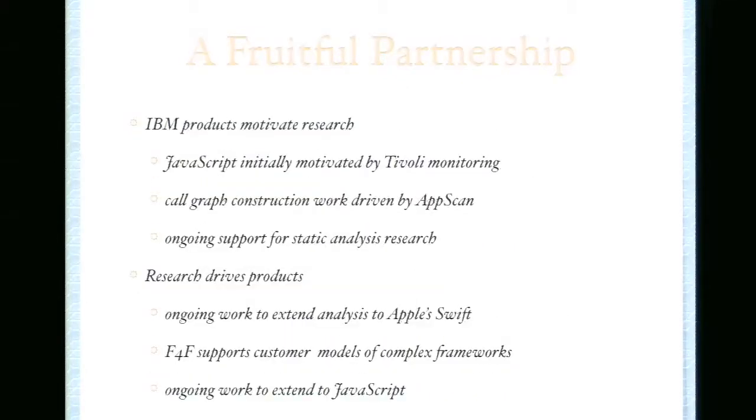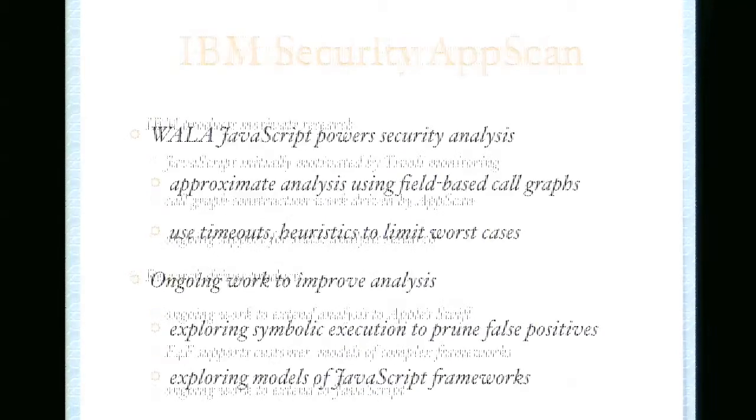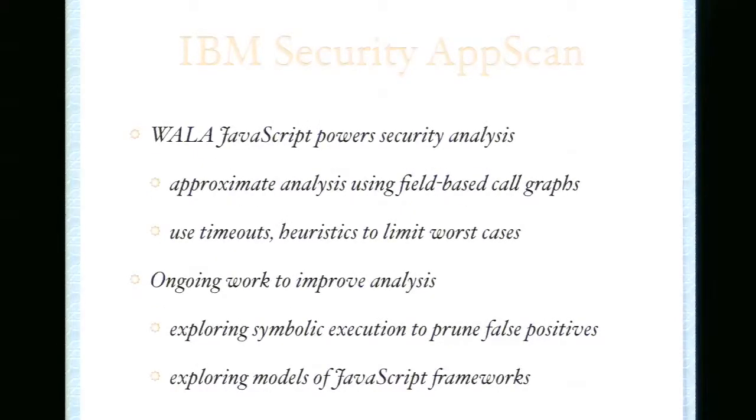And the other ongoing work is exploring models of JavaScript frameworks. At one point, even in Java, what has happened with, for example, J2EE, is you cannot actually analyze J2EE. It's all reflective. It's all calling the bytecode compiler, loading classes, jumping to stuff, doing random things. What actually has been done, and this is an IBM product called Framework for Frameworks, is there's code for allowing customers to model the behavior of the frameworks they use to improve the quality of their analysis.